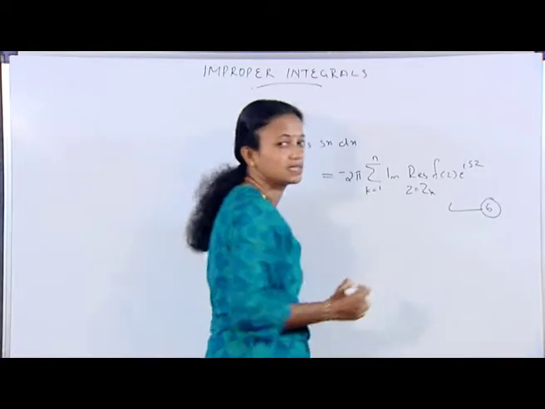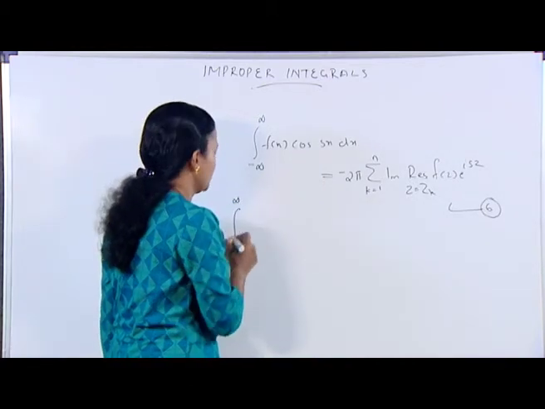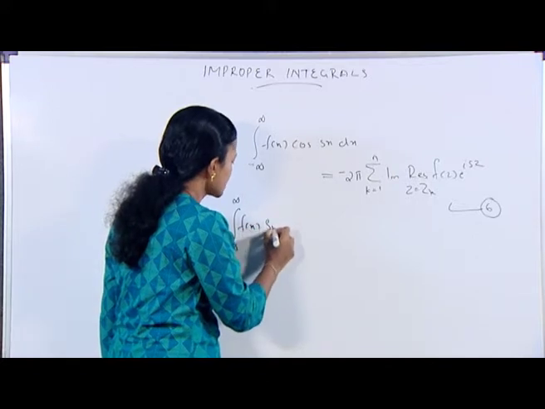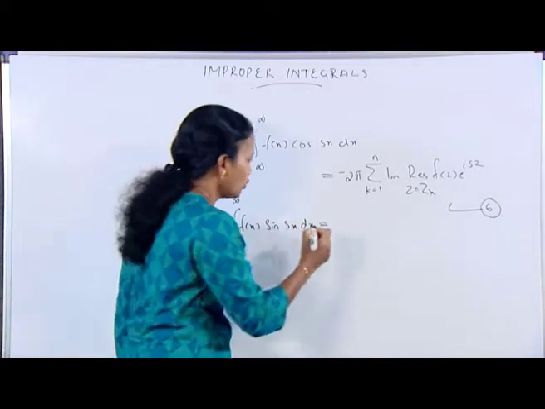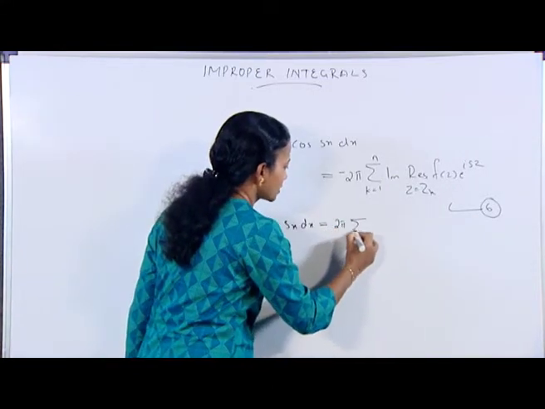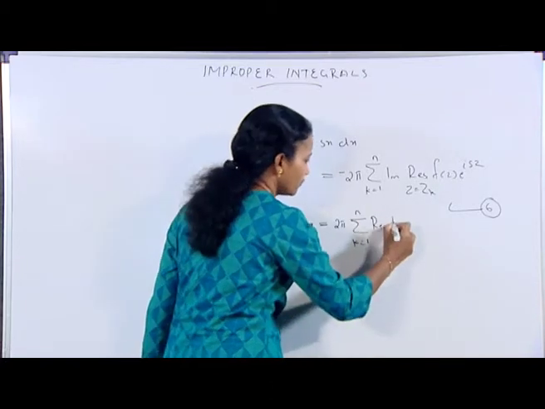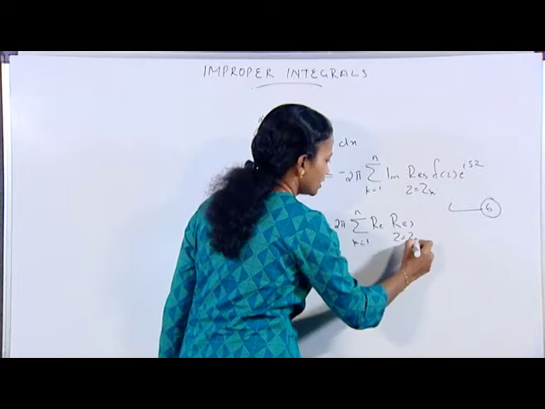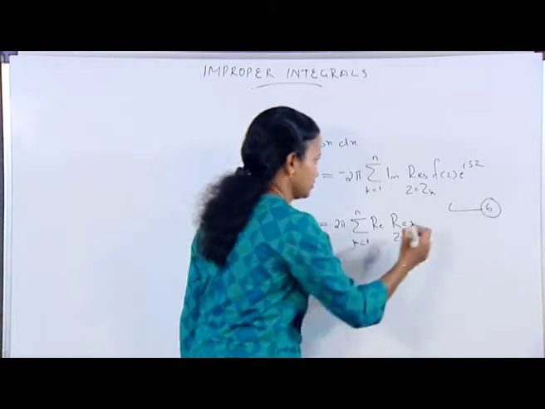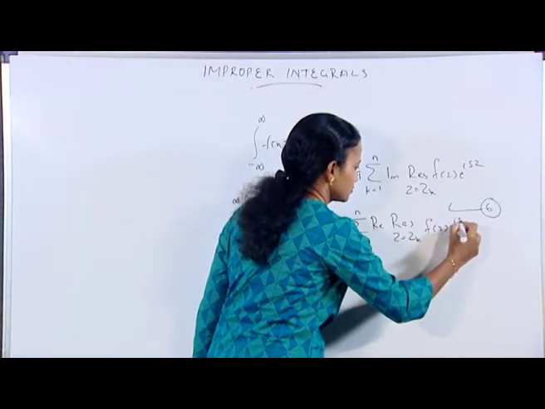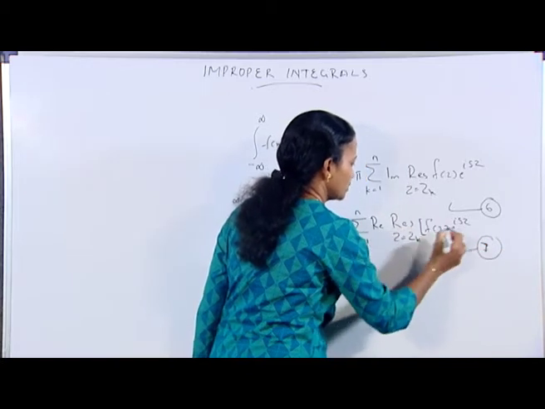Equation number 6. And also the integral from minus infinity to infinity of f(x) sin sx dx is equal to 2 pi times the sum, k from 1 to n, of the real part of the residue at z equals zk of f(z) e raised to i s z. Equation number 7.